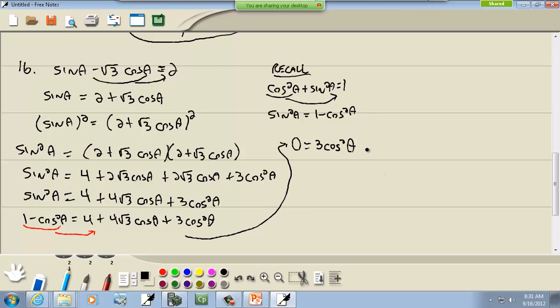Okay, and then the negative cosine squared I'm bringing to the right side becomes a positive cosine squared. Then I have 4 square root of 3 cosine theta plus 4, and then the 1 I brought over becomes a negative 1. So 3 cosine squared plus 1 cosine squared is 4 cosine squared plus 4 square root of 3 cosine, and 4 minus 1 gives us 3.